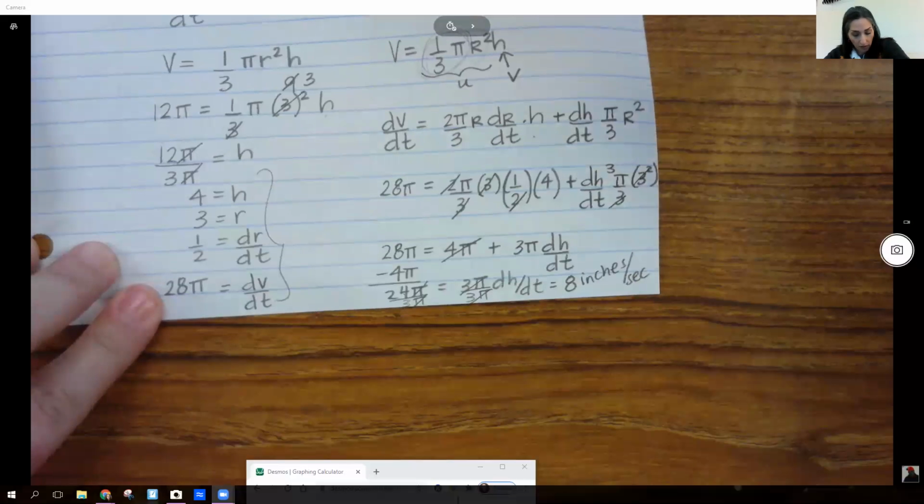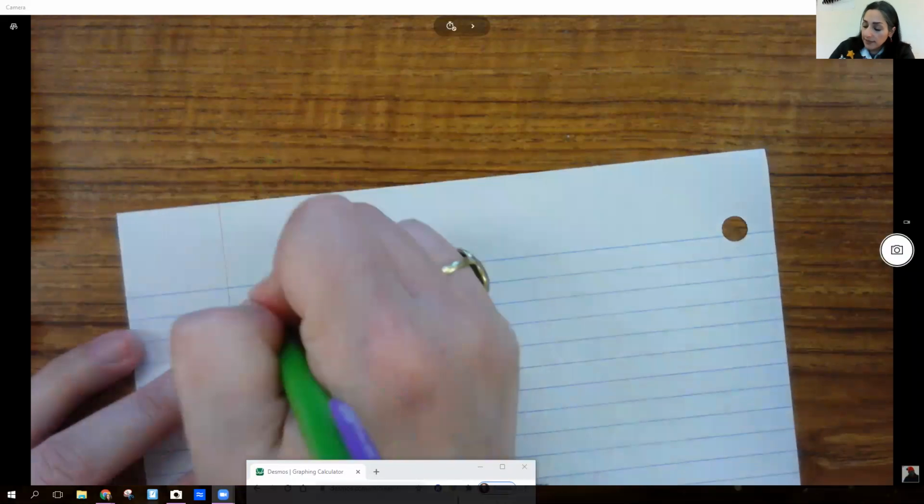Okay. Part C, real quick, if I can sneak it in here. Part C is, at the instant when the radius of the cone is 3 inches, what is the instantaneous rate of change of the area of its base with respect to its height? So this is kind of weird, kind of different.